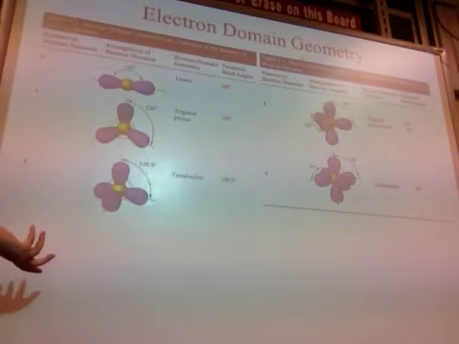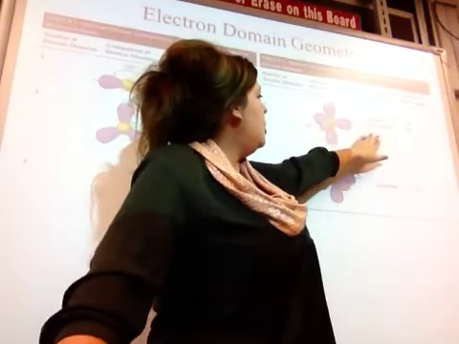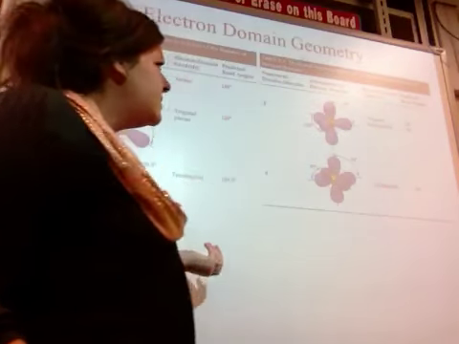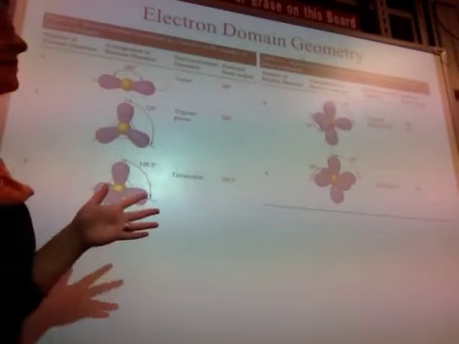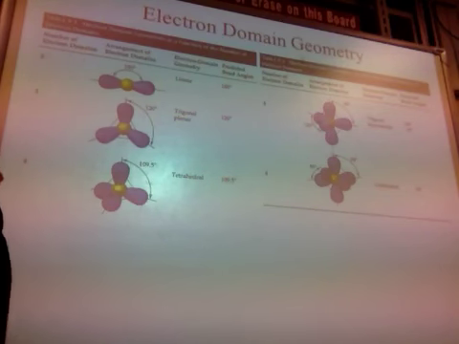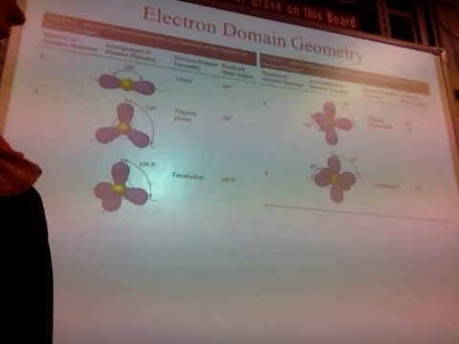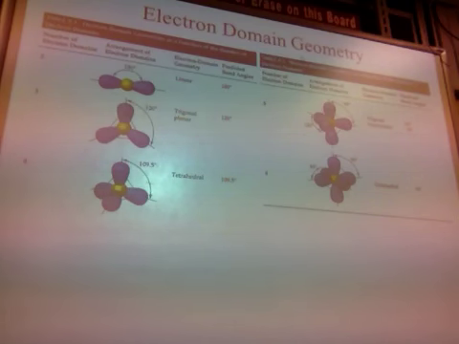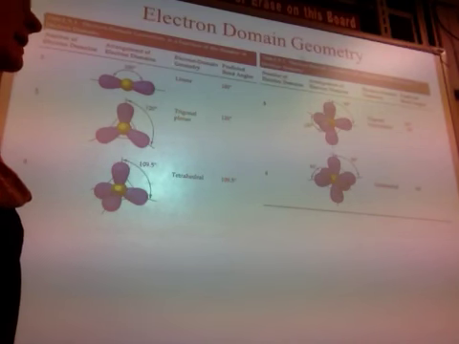If we have 5 electron domains, we call that trigonal bipyramidal. So if there are 5 electron domains, that shape is going to be trigonal bipyramidal. In terms of the bond angle, it would show 120 degrees as well as 90 degrees.